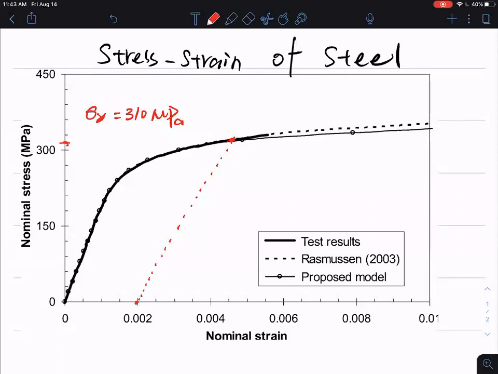Does that make sense? So for example, if we're designing a bridge, we need a steel beam with exactly the same material. And if we want to apply a 250 megapascal stress, can you find out what the strain is under that stress? So first, find where 250 megapascal is on the y direction.